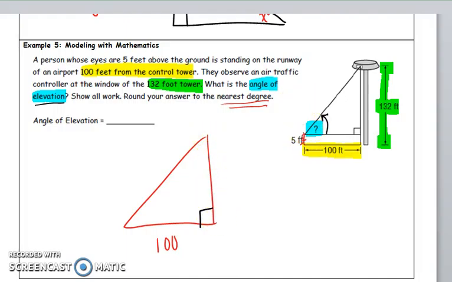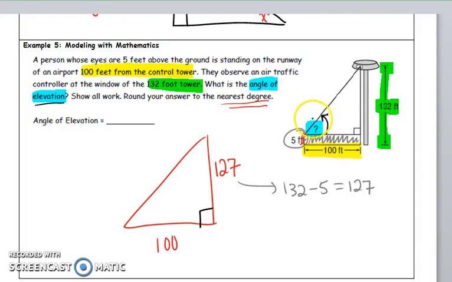However, keep in mind that the person is 5 feet, so there's all this space here that gets lost. Meaning that the height is not actually 132. The height is actually going to be 132, take away the 5 feet at which the person is standing and where their eyes are at. So when you take 5 away from 132, you actually get 127. So that means the height of this triangle is 127.